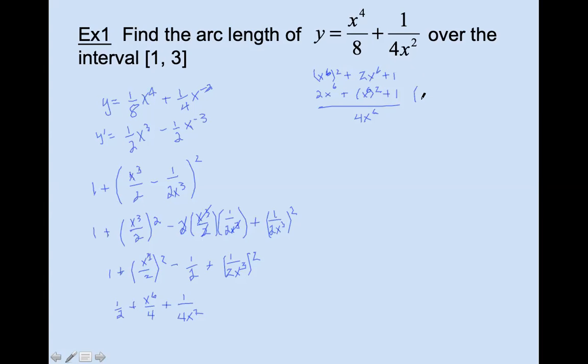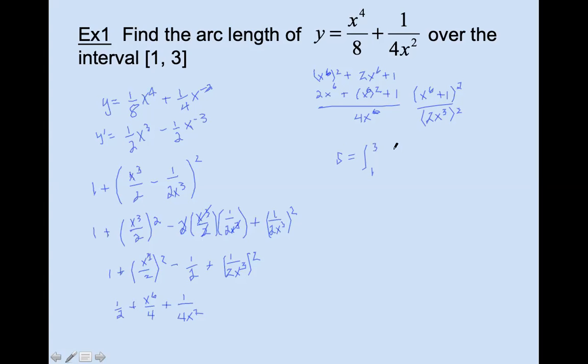So it turns into x to the 6th plus 1 squared over, and this denominator is 4x to the 6th, which would be 2x cubed quantity squared. So now I can put this into my arc length formula. Arc length is equal to the integral from 1 to 3.